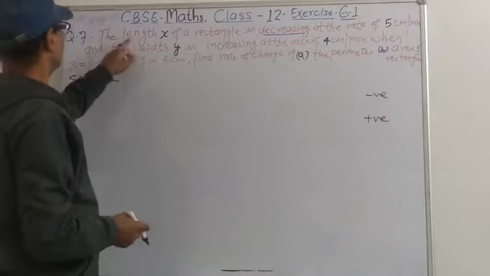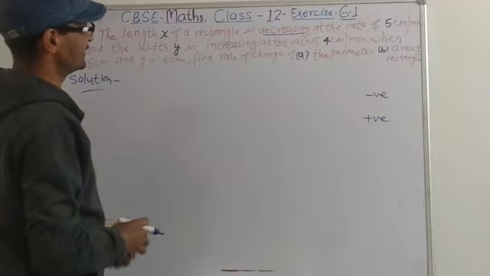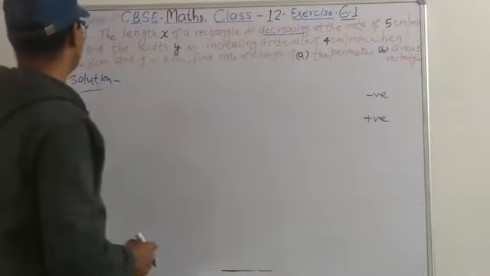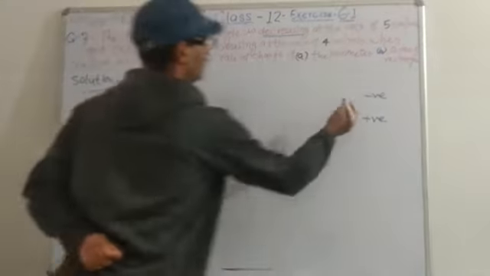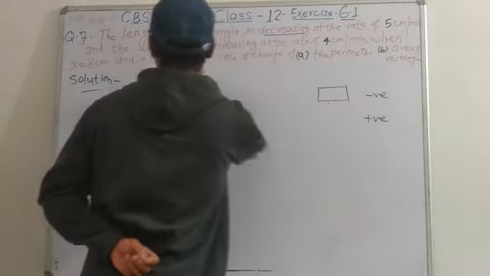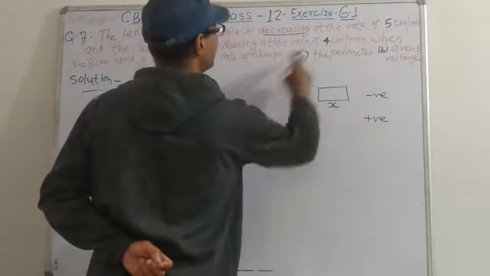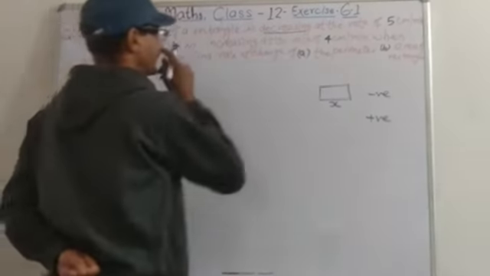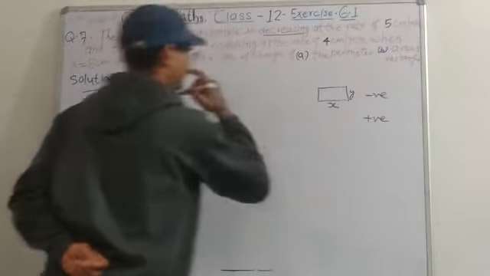So now see once again, the length x of a rectangle is decreasing at the rate of 5 cm per minute. If it is a rectangle, the length x is decreasing and width is y, that means breadth.